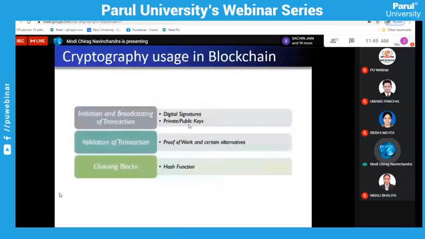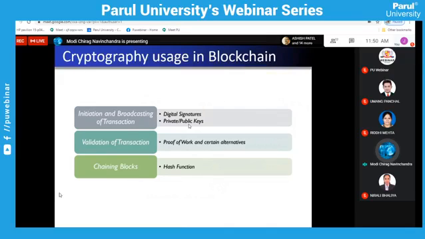So how is cryptography used in the blockchain? As I said, for initiating or broadcasting the transaction, cryptography is used, because when I am initiating or broadcasting the transaction, I need to sign that data. And for signing that data, I need the public-private key pair. Validation of transactions will happen through a consensus mechanism like proof of work.